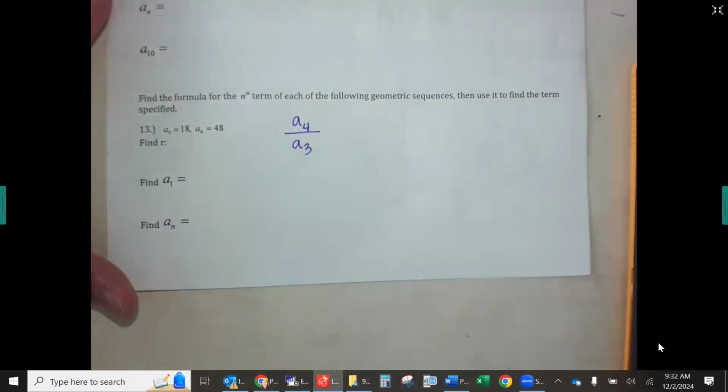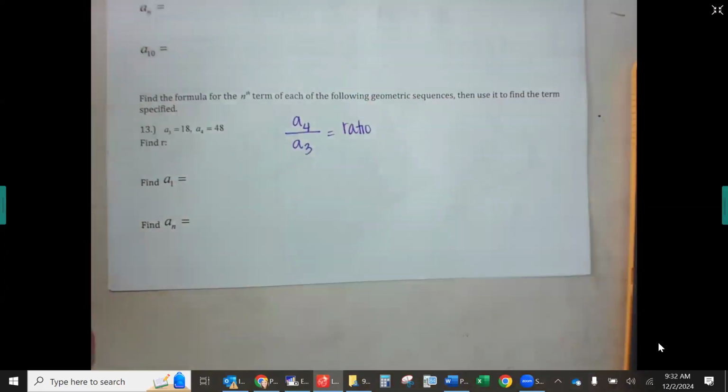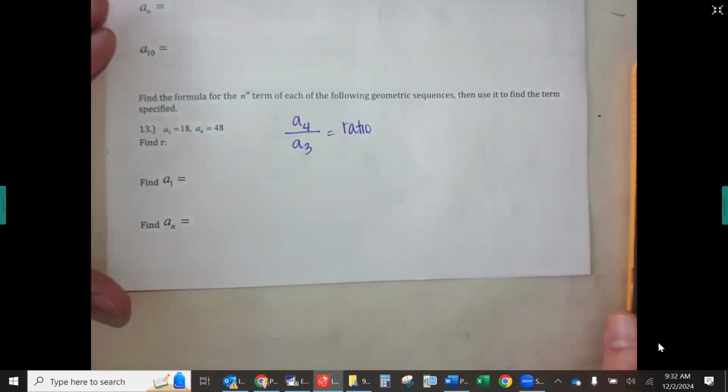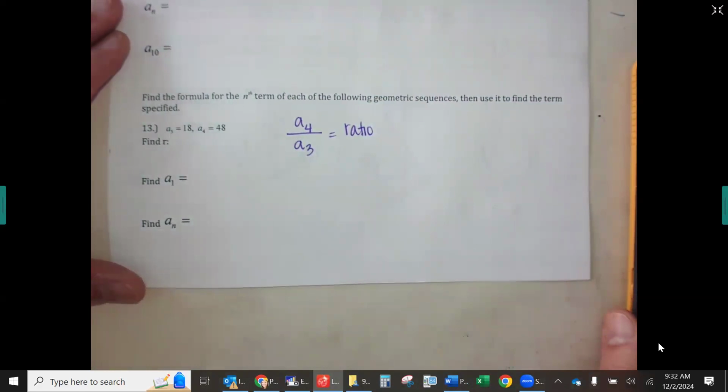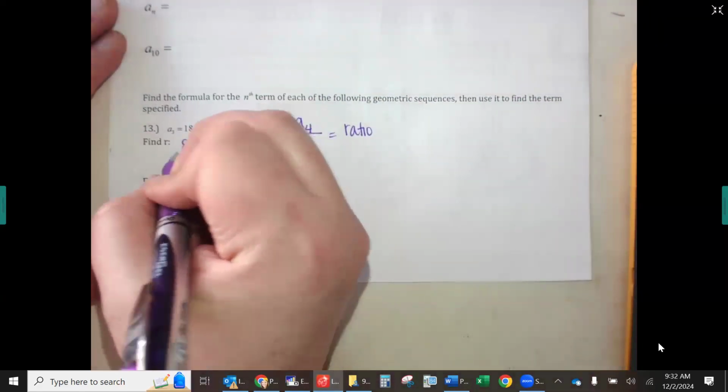And that's going to give you whatever your ratio is. Okay, so divide them out. What do you get? Now let's do it as a pretty fraction because we need to know what the ratio is exactly. You get 8/3. Okay, good.